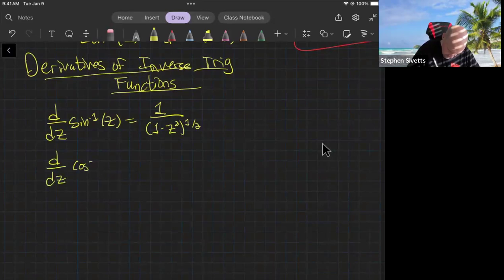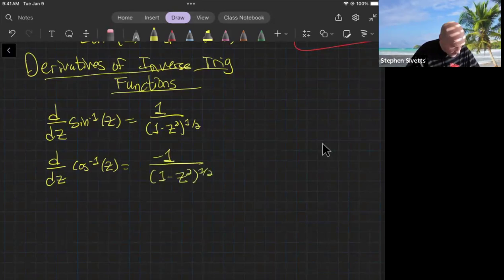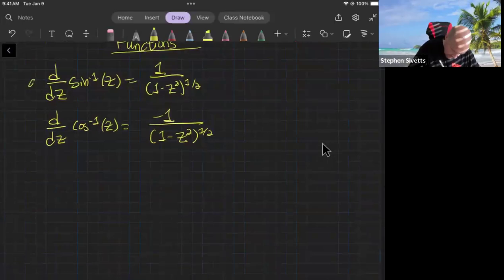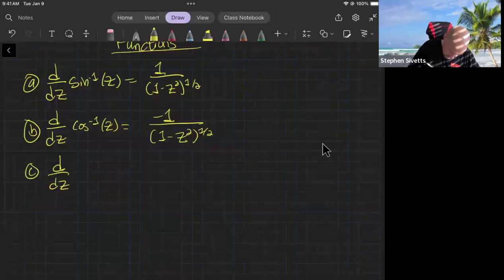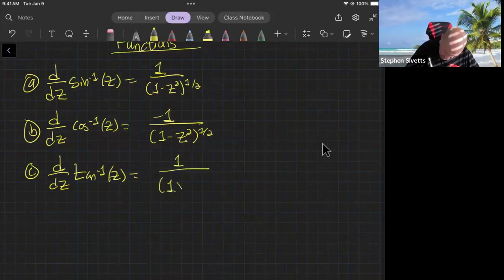The derivative of inverse cosine of z is equal to -1 divided by 1 minus z squared to the 1/2 power. And the derivative of inverse tangent is equal to 1 divided by 1 plus z squared. Okay, I'm sorry, it's 1 plus z squared.